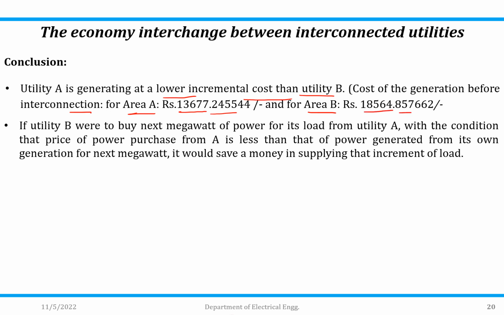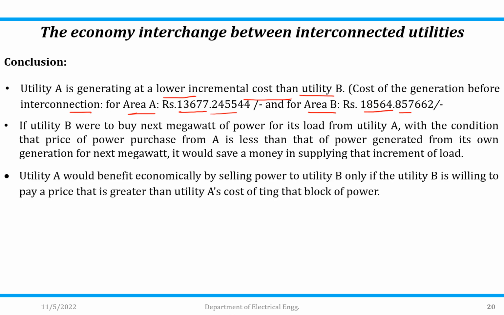So what you observe here is that area A's cost of generation is less, or we can say it has lower incremental cost than area B. Now if utility B were to buy the next megawatt of power for its load from utility A, with the condition that the price of power purchased from A is less than that of power generated from its own generation for the next megawatt, then it would save money in supplying that increment of load that we have seen in the earlier table, combined net saving.